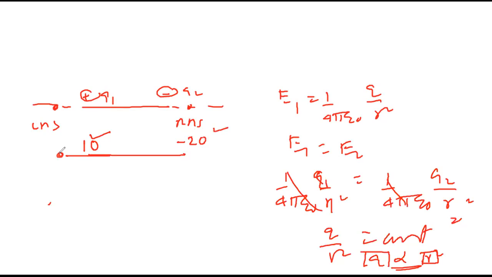So intensity will be 0 closer to the smaller. If this is 3, this is minus 2, intensity will be 0 close to the smaller magnitude, whether it is positive or negative. Clear? Last point. Yeah, this wording clear?